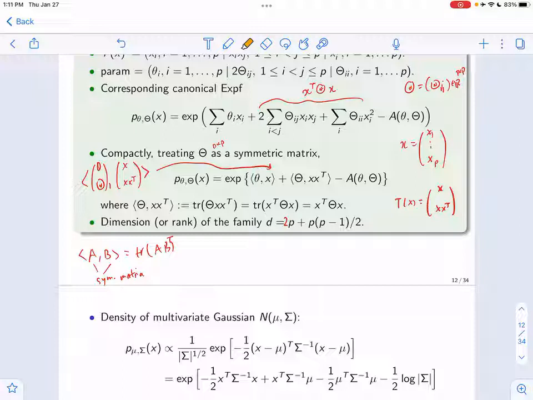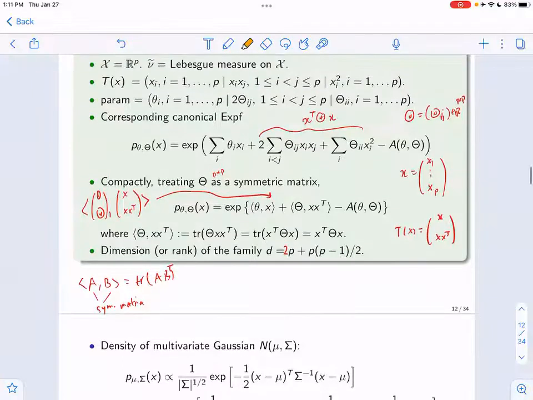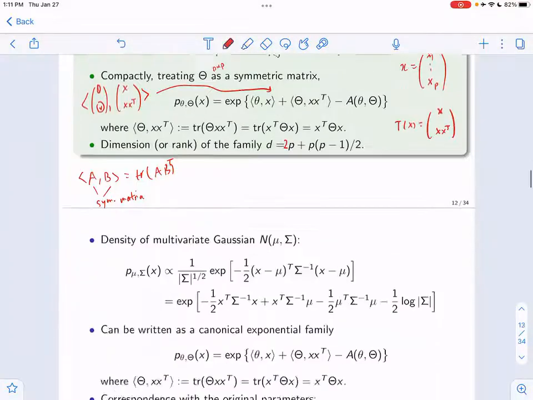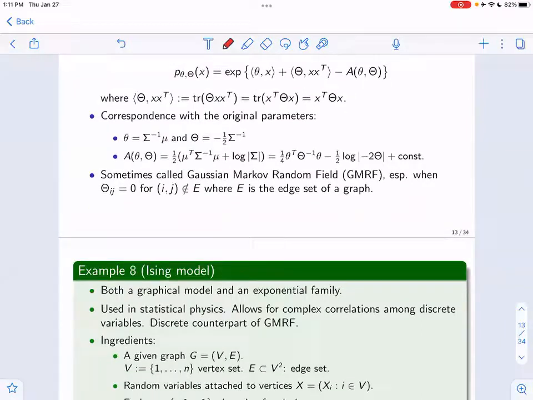And this falls within a general framework of graphical models. So this is an exponential family, and at the same time it's a graphical model. This is just a detour, not necessarily needed for this course, but I can represent conditional independence statements in this model by a graph where I put an edge between two of the nodes.